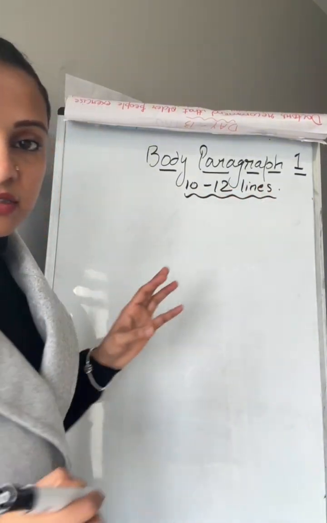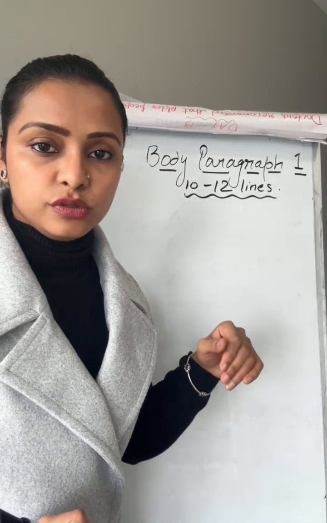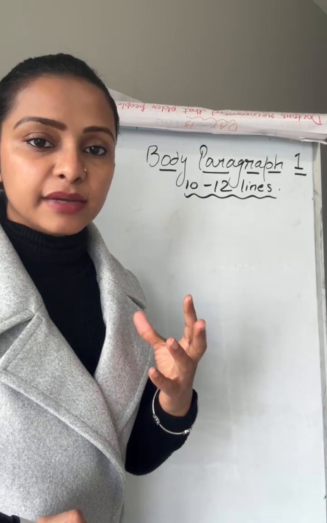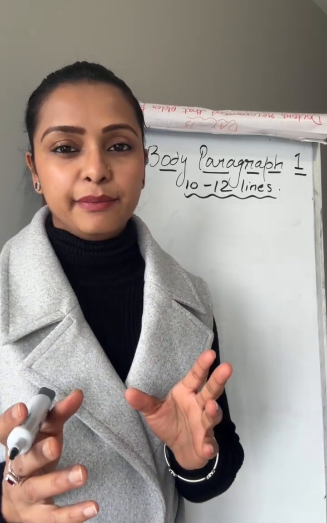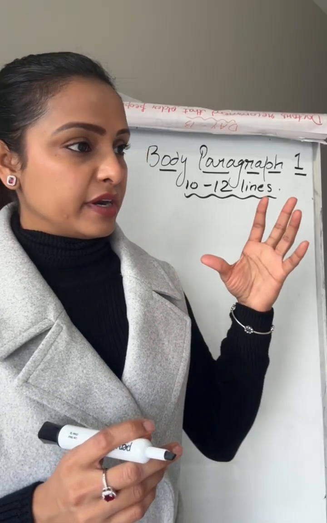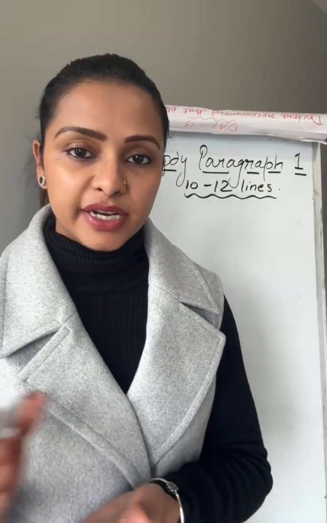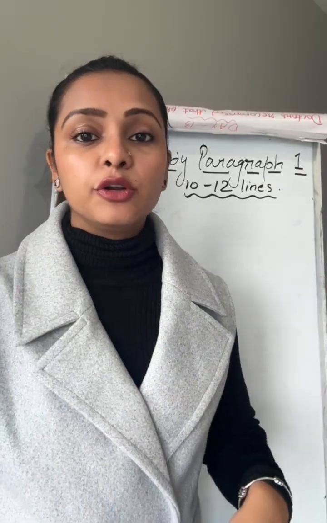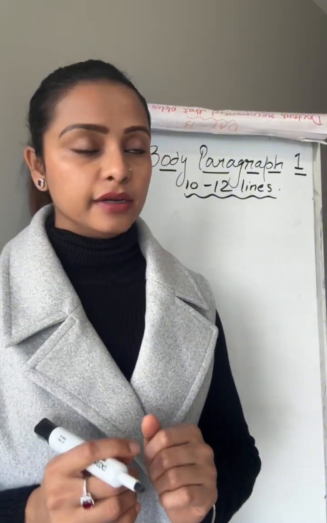Body paragraph 1 and body paragraph 2's length is approximately the same. If body paragraph 1 is 10 to 12 lines, body paragraph 2 should also be in the same range. It should not be 7 to 8 lines or 6 to 5 lines or 14 to 15 lines. It should look similar, right?